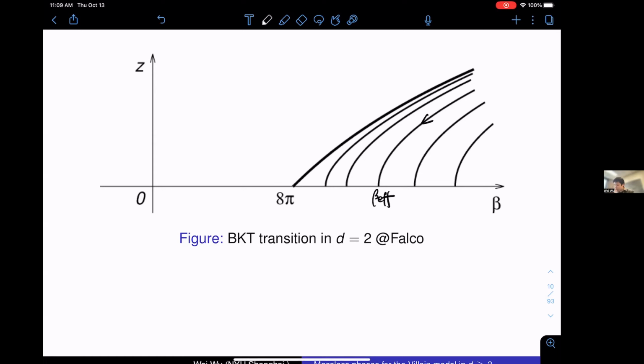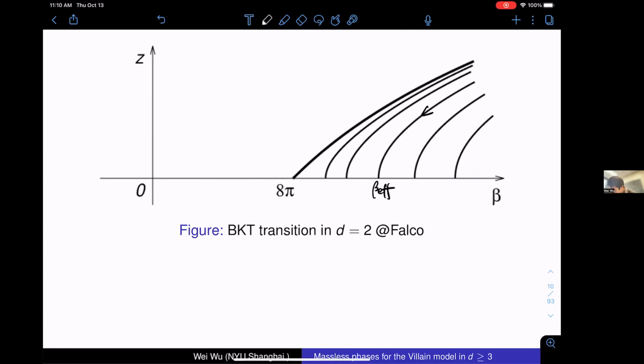So basically, for the low temperature case of the model, they would flow to some free field. But for the high temperature phase of this model, you would expect a mass gap or exponential decay of the correlations. So that happens in 2 dimensions. This here is a free field, and here you have a mass gap.